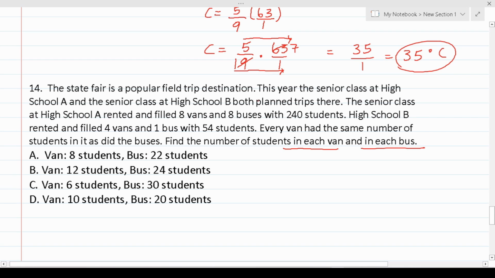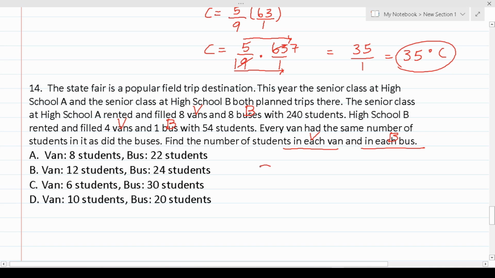Again, we know they both took vans and buses, so I'm going to let V refer to vans and B refer to buses. We know high school A filled 8 vans and 8 buses with 240 students. High school B filled 4 vans and 1 bus with 54 students. So as a system of equations, that looks like this.